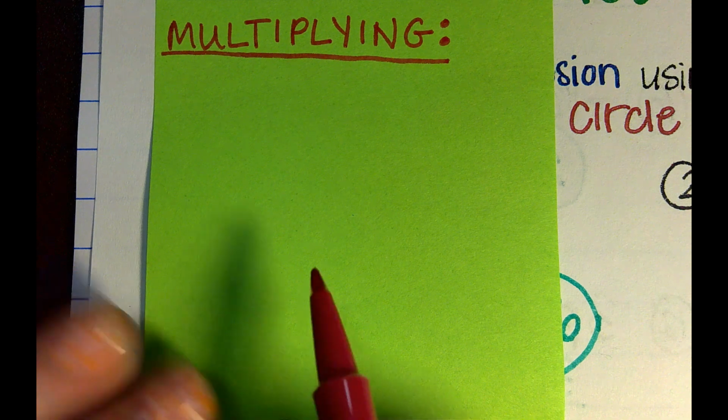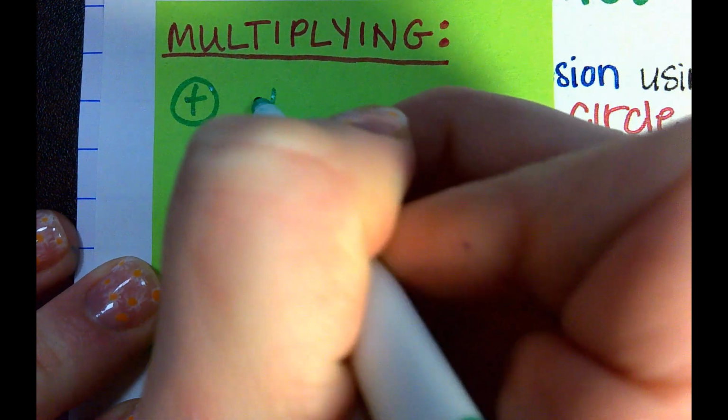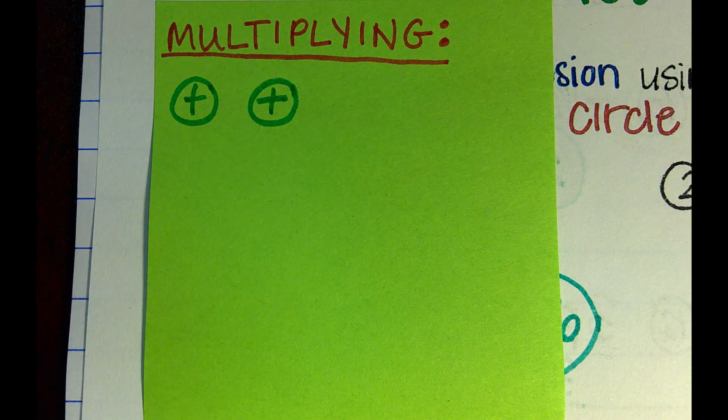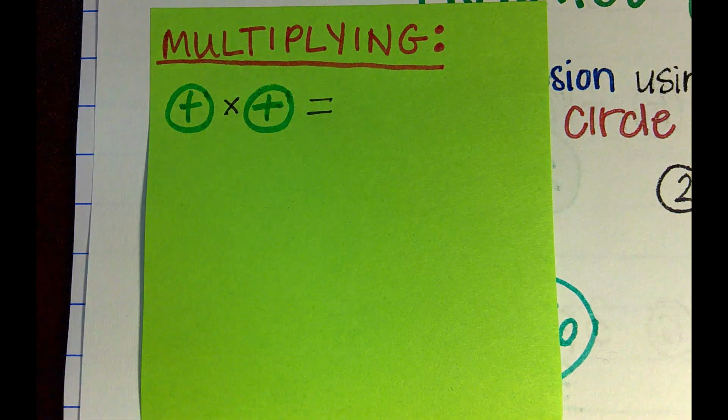All right. So when I multiply numbers that have the same sign, for example, a positive number times a positive number, so positive times positive equals, what kind of answer will I get? Positive. A positive.